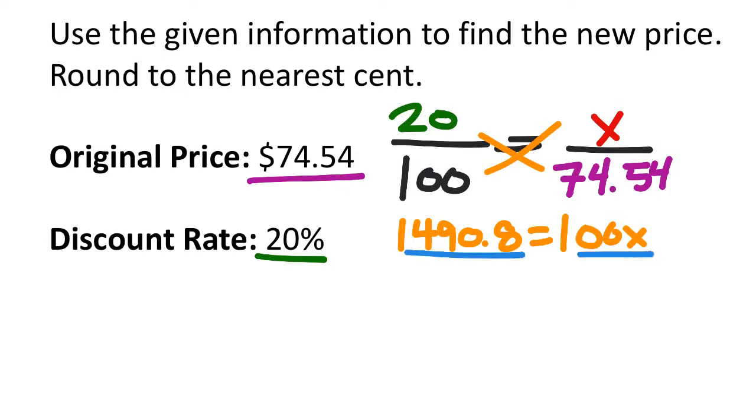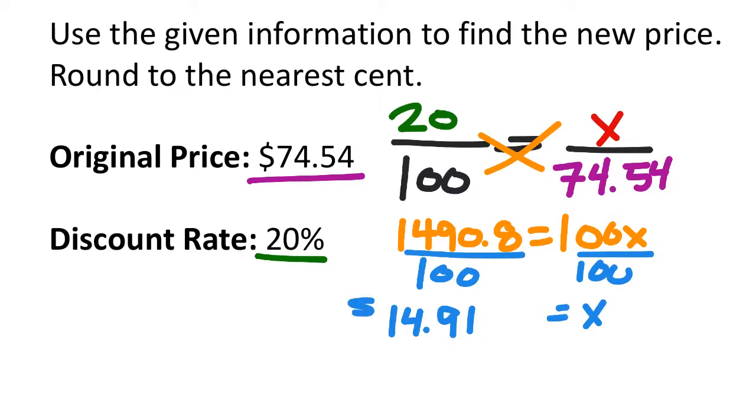So dividing both sides by 100, I get x equals 14.9. I'll round that because it is a dollar amount, to the nearest cent. So I got $14.91. This is the amount of the discount, right?